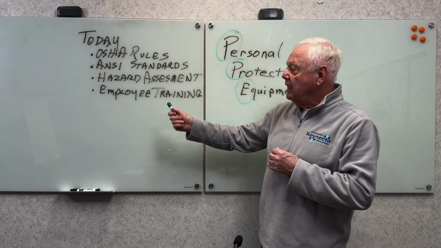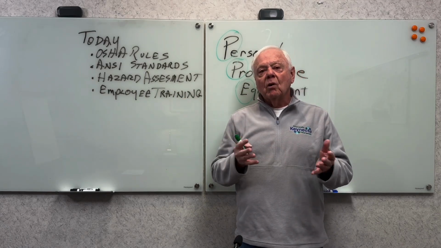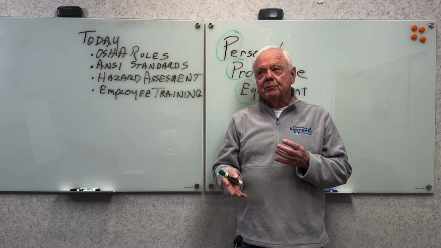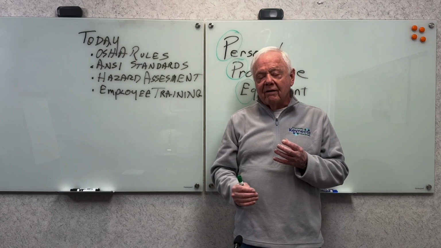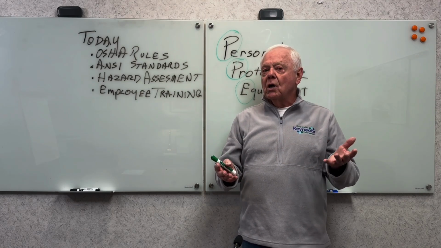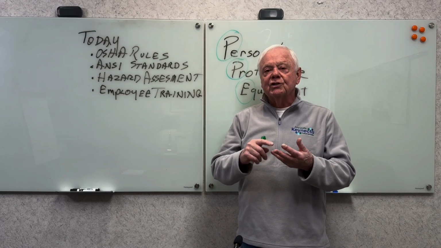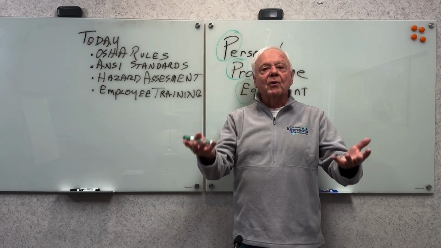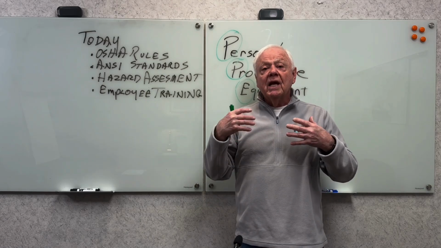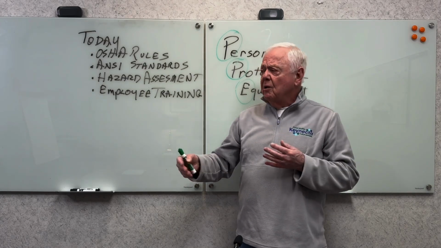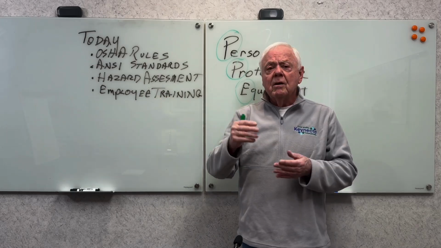And then finally, we'll be talking about employee training. OSHA requires that there are specific training topics covered. You need to know how to select a PPE, you need to know its limitations, you need to know how to properly put it on, take it off, and keep it clean and sanitary. That's common sense, but that's all covered in training.